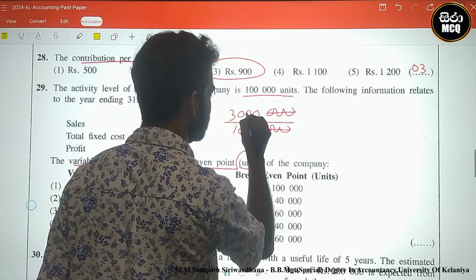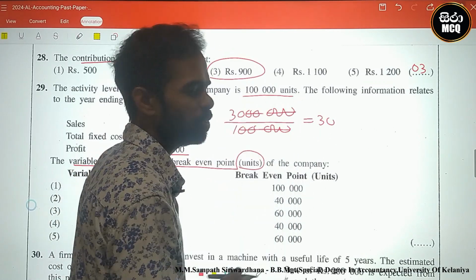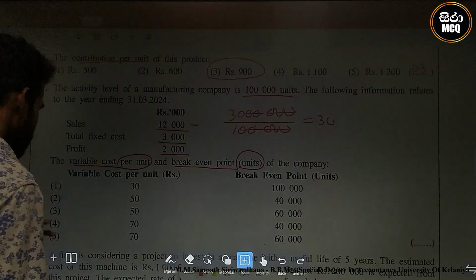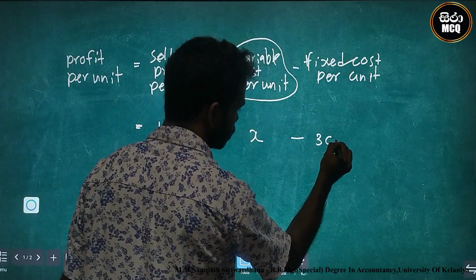After that, I find 30 is the unit fixed cost. Therefore, unit fixed cost per unit is 30.